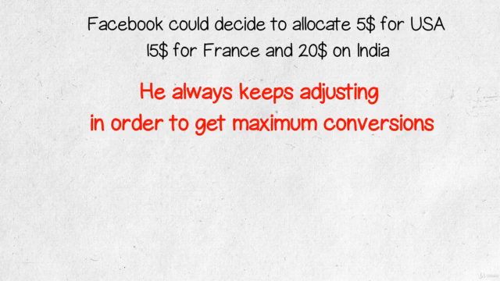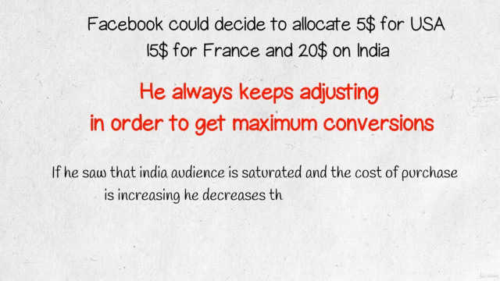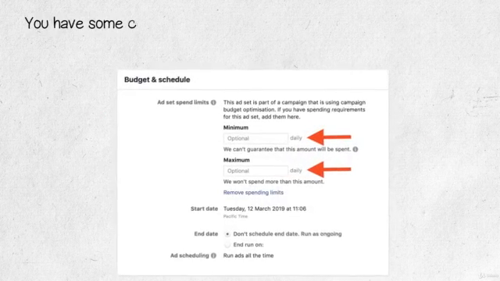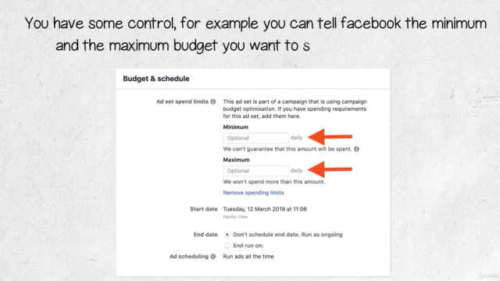For example, if it saw that the Indian audience is saturated and the cost of purchase is increasing, it decreases the budget of India and allocates more budget to France and USA. In addition, you have some control. For example, you can tell Facebook the minimum and the maximum budget you want to spend on each audience.